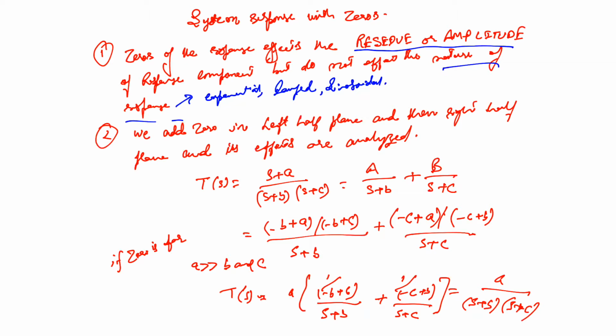That is, it does not affect the response being exponential, damped, or sinusoidal. So in this case, we add a zero in the left half plane and then in the right half plane, and we analyze the effect and reach some conclusions, as we have done in the case of poles.